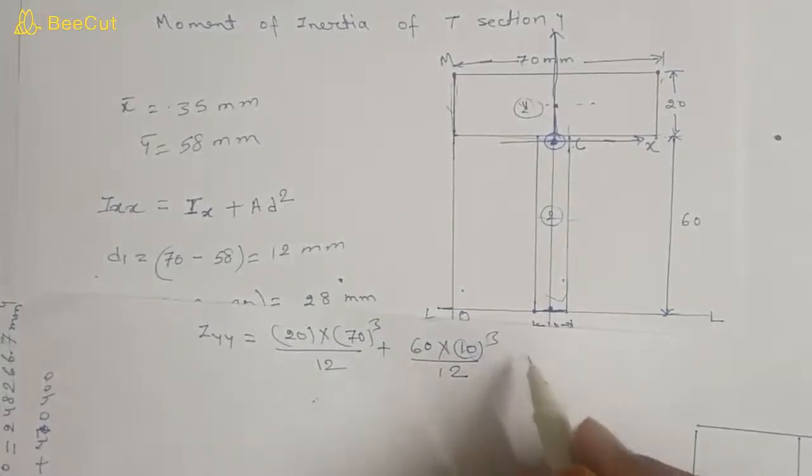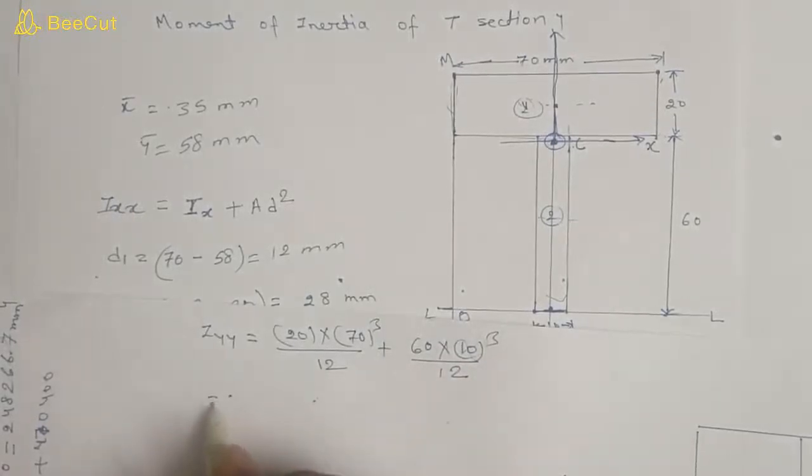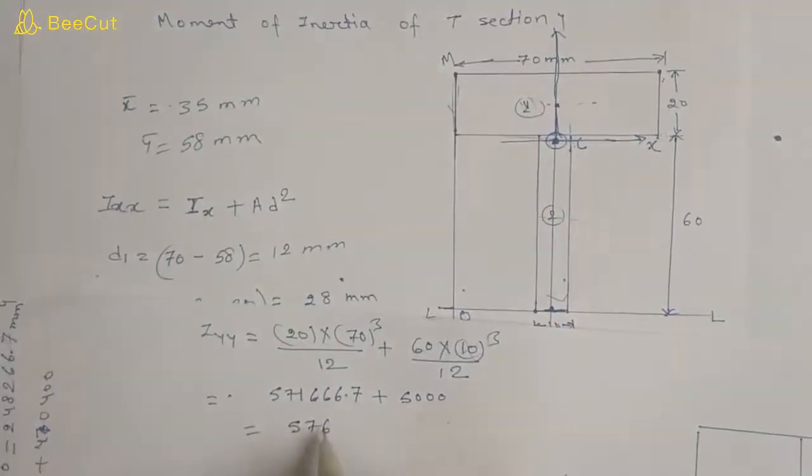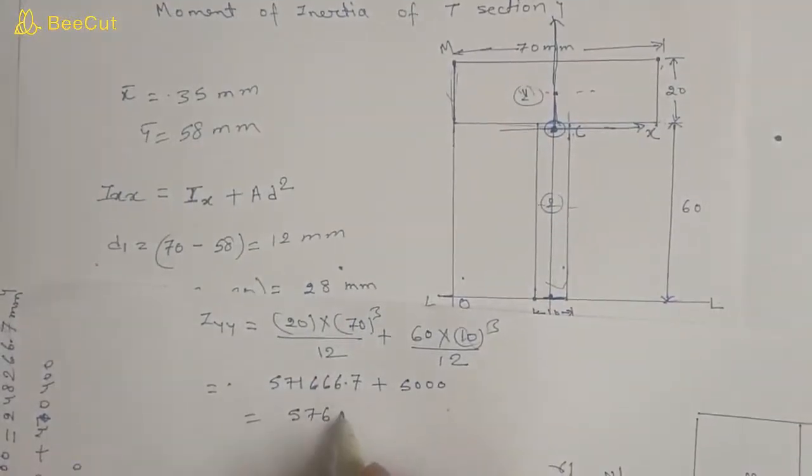So it will become 57166.7 plus 5000, which is 57666.7 mm to the power 4.